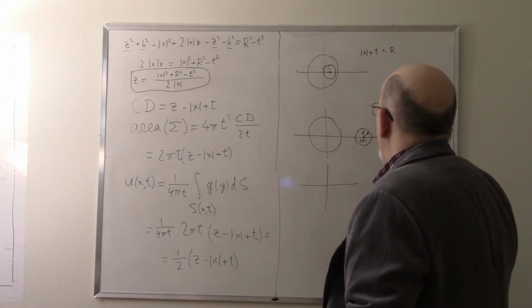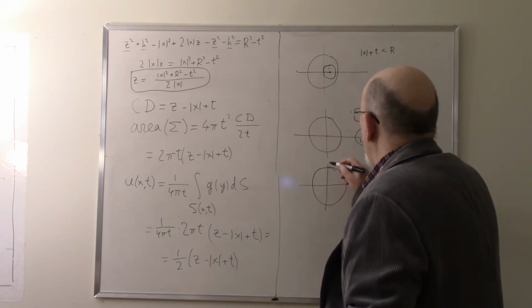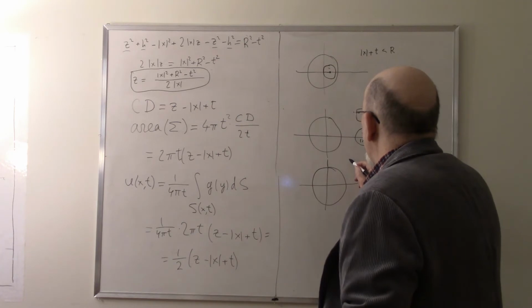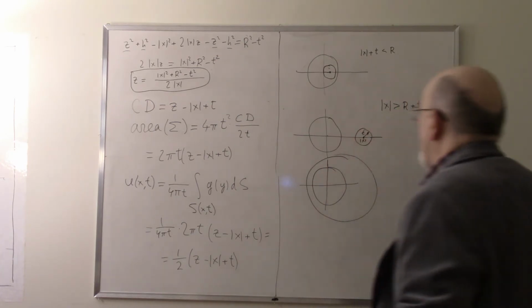We have also the case, this is the ball of radius r, and our sphere is completely outside in this way.